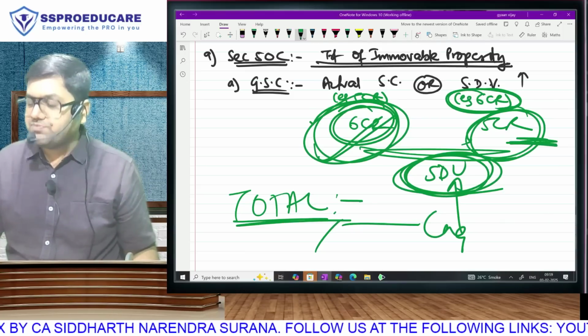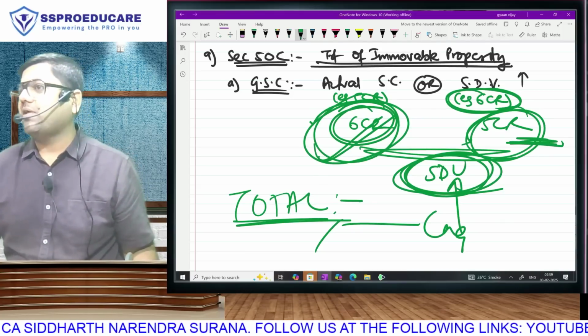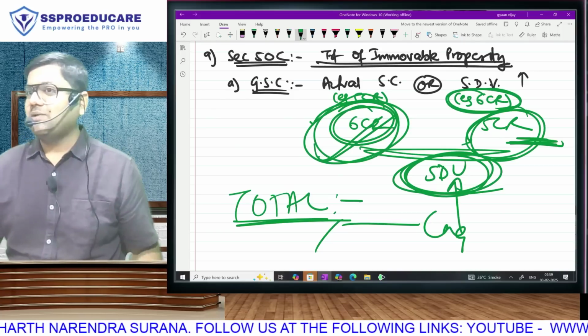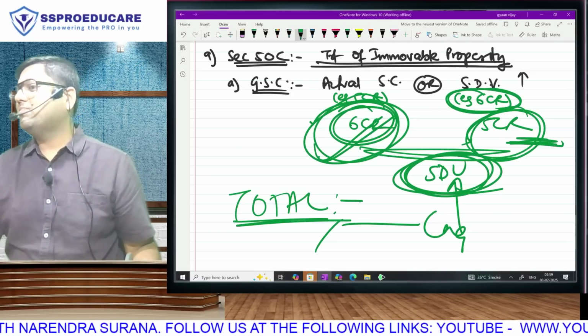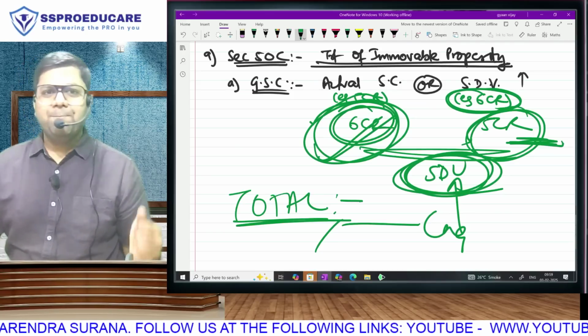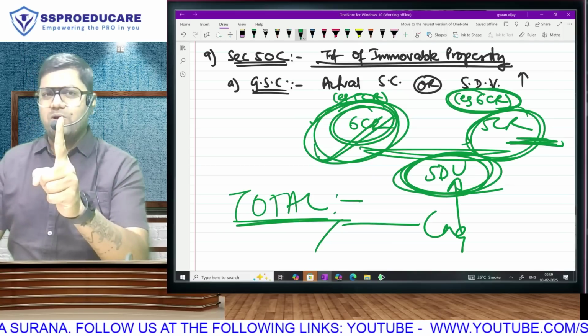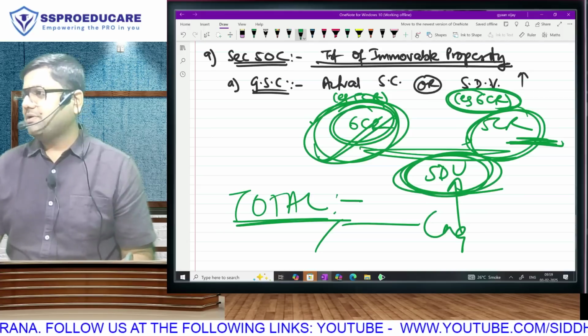If stamp duty value was 5 crore and we do the cheque part in 5 crore, the seller has to pay tax on 5. The buyer has to pay stamp duty on 5. Higher, lower, both not acceptable. The best amount is stamp duty value. Every time you do a property deal, stamp duty value.